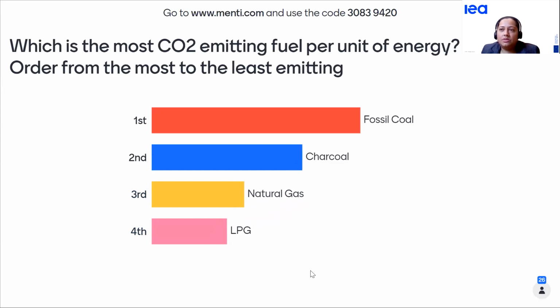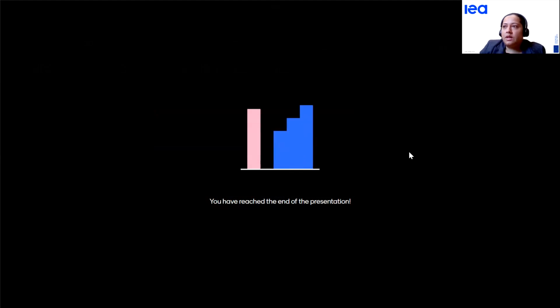The second one here is a tricky one because in our methodology, charcoal is classified as a biofuel. So it's a renewable product, and so we don't calculate CO2 emissions from charcoal. In our data, we don't include charcoal for CO2 emissions calculation, and then it's LPG and natural gas. So now let's move to the presentation.